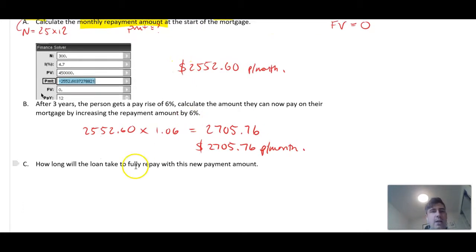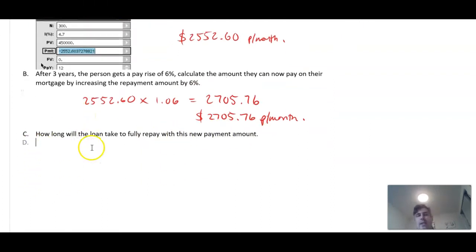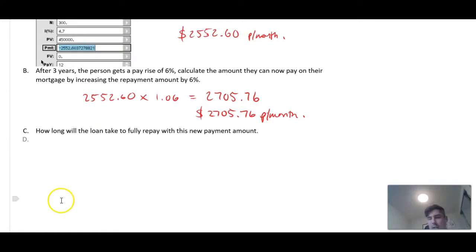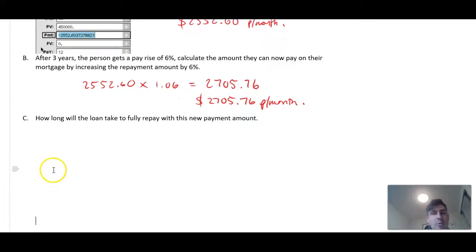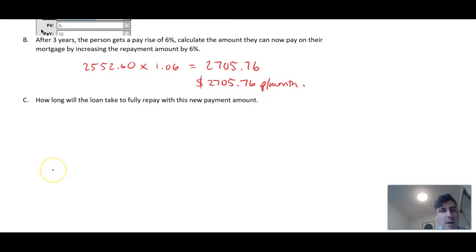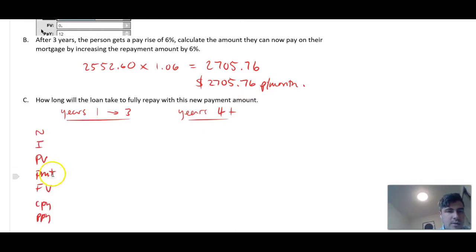So the last bit asks, how long will the loan take to fully repay with this new payment amount? So we need to think of the loan as having two parts to it. In reality, loans would have multiple parts, but we're just going to talk about part 1, which was years 1 to 3, and then years 4 plus. Okay, so we're going to do it in sequential order.